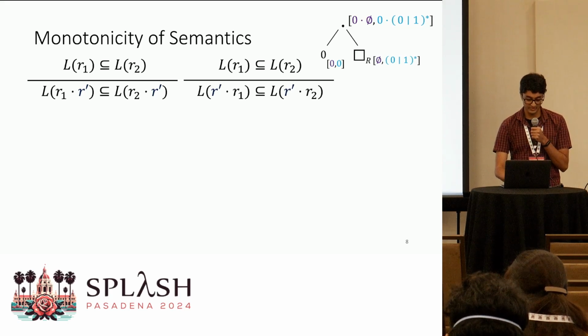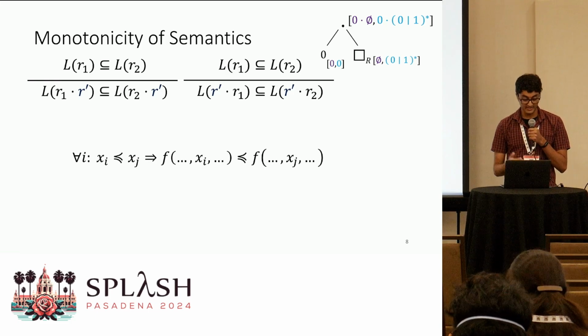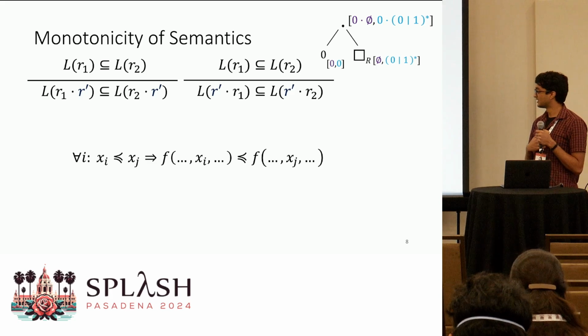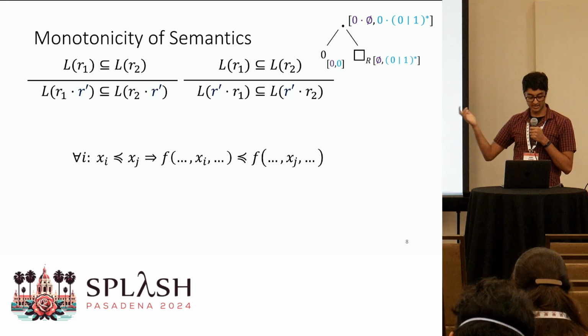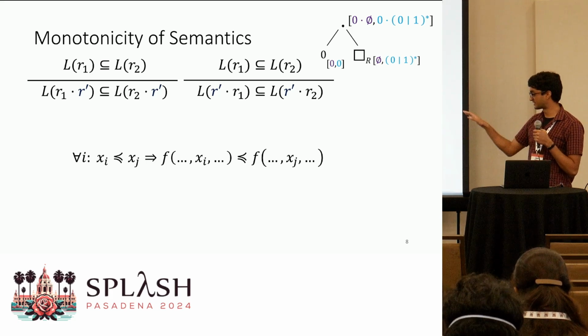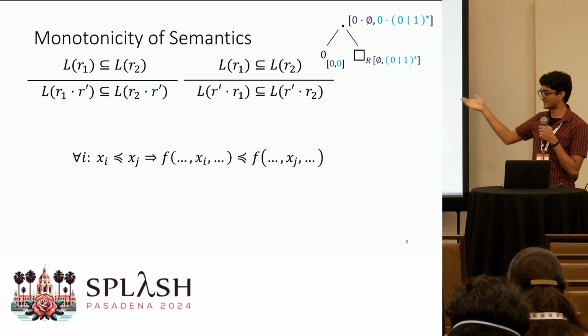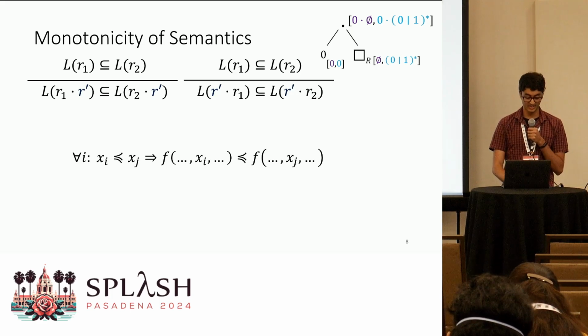This gives us intuition for our notion of monotonicity. Suppose we can prove our concrete semantics, F, is monotonic on each argument with respect to some order, where monotonicity is just the standard definition of monotonicity.